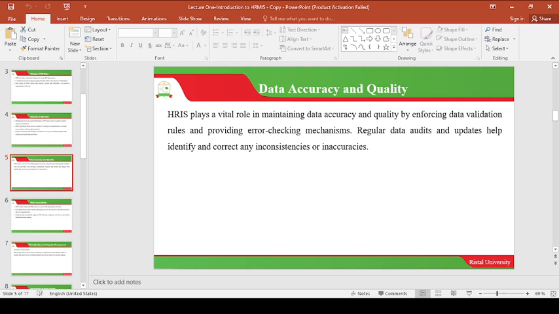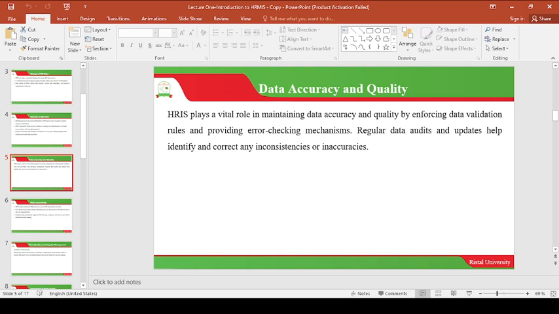So accuracy of data in the system means you have to first check for any error before you upload the data on the system. This helps you to have accurate information when you need it. But if you don't have an error checking mechanism in place, then you might have inaccurate information already uploaded in the system, and that's not fair.